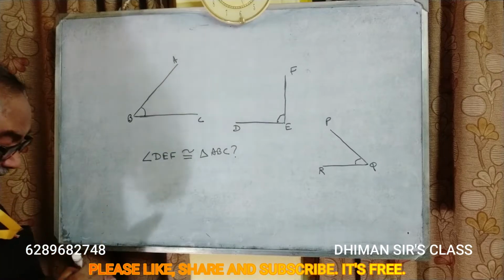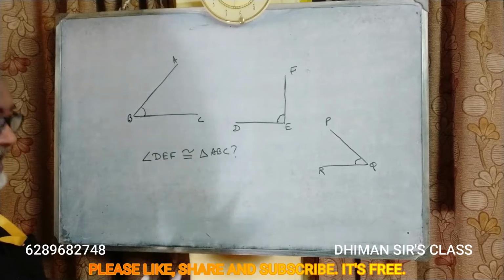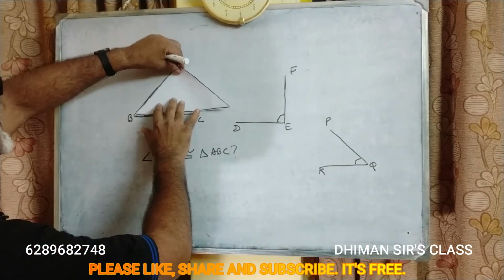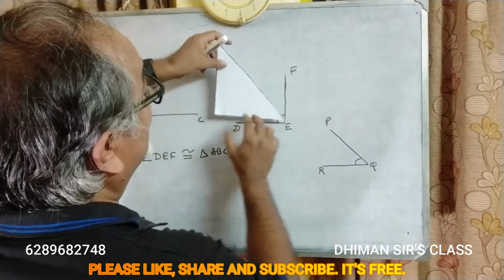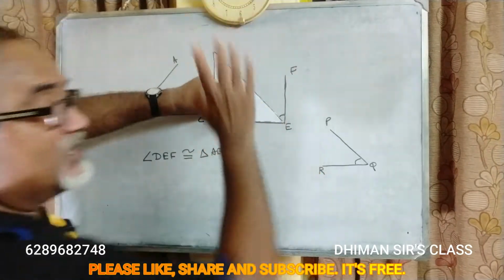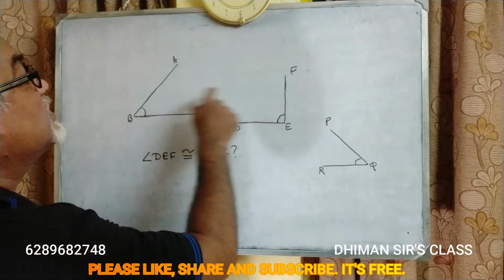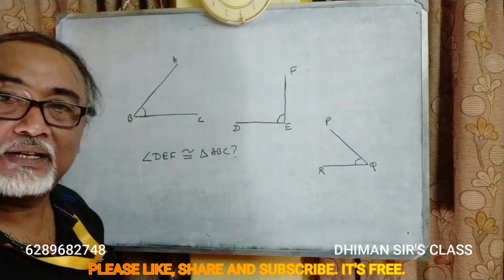No. Why? Let us take back this paper. We drew this angle from here. Is it matching here? No, sir, it is not matching. So these two angles are not congruent to each other.